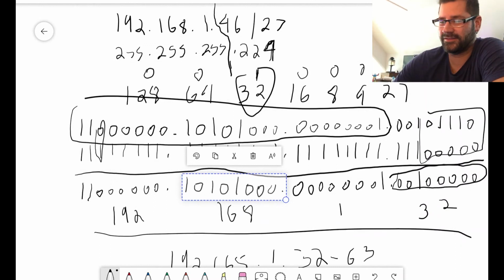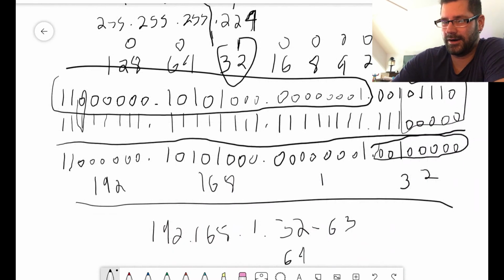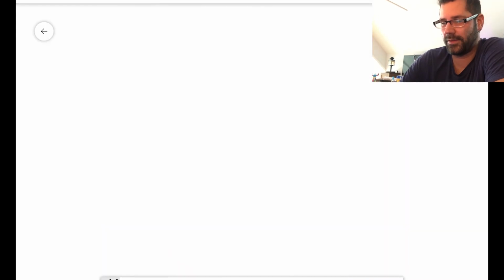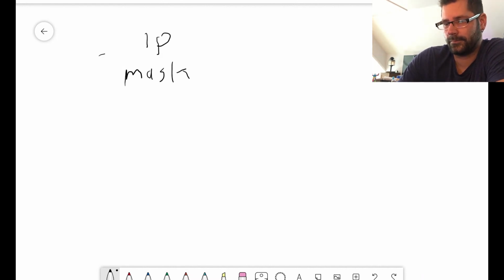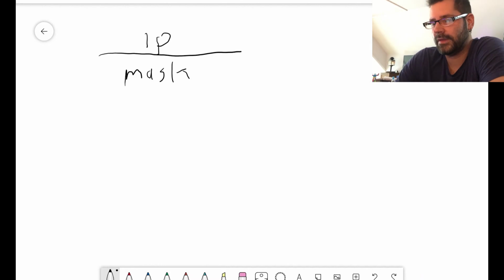Just to recap this section really quick. Performing the bitwise AND operation. You just convert the IP address and the subnet mask into binary, and then you line them up one on top of the other. So IP, mask, lined up, and then match up the bits.